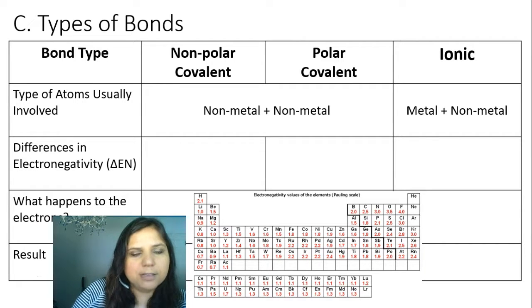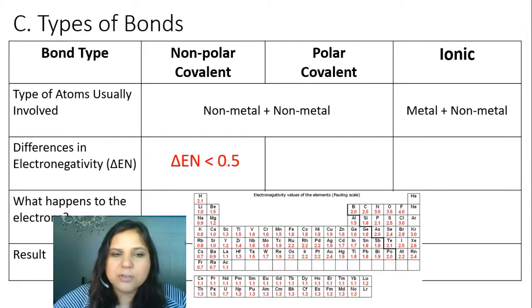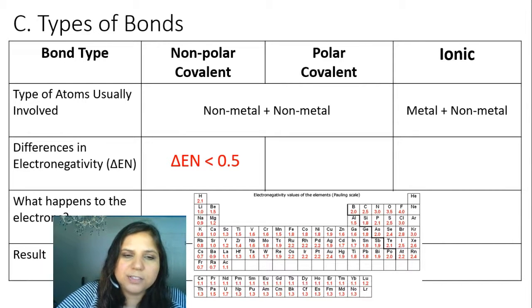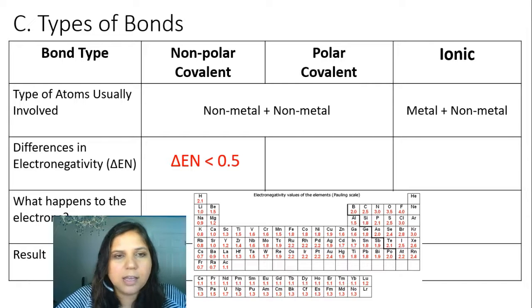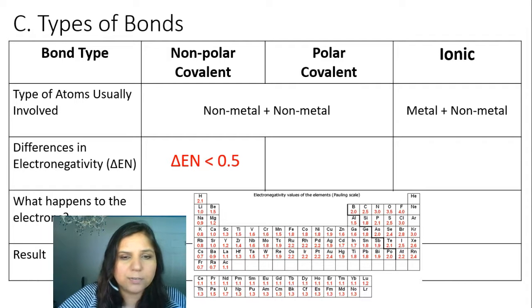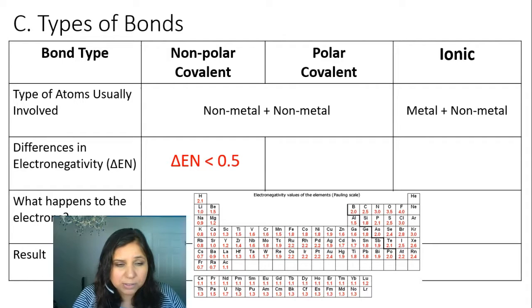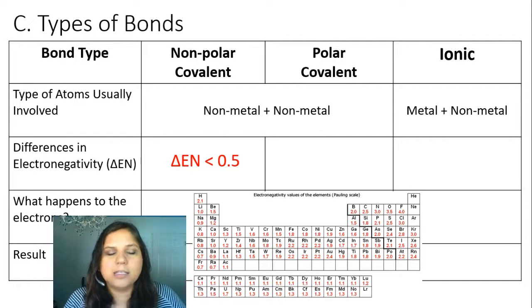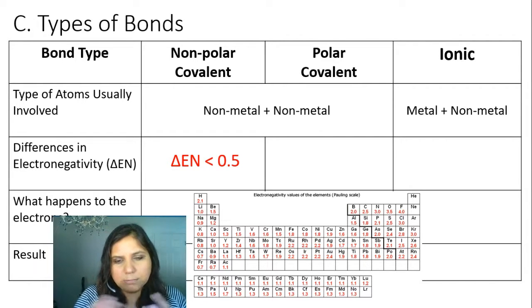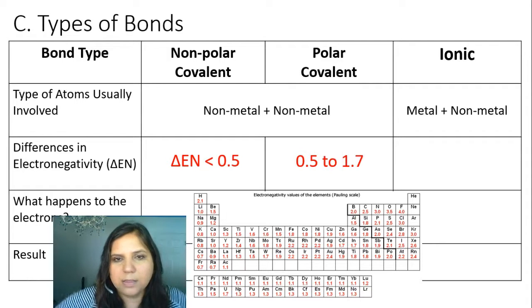If we take the two and subtract them and come up with a difference of less than 0.5, that would give me something that is nonpolar covalent. That's because both have similar electronegativities, and instead of one taking electrons and the other giving, they share the electrons.